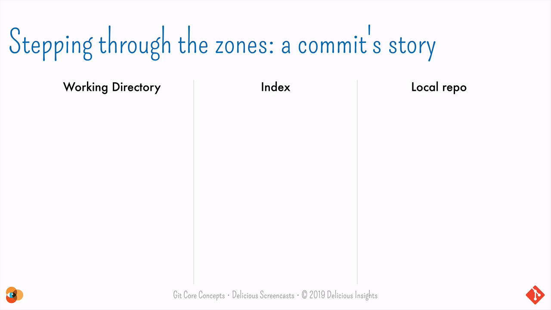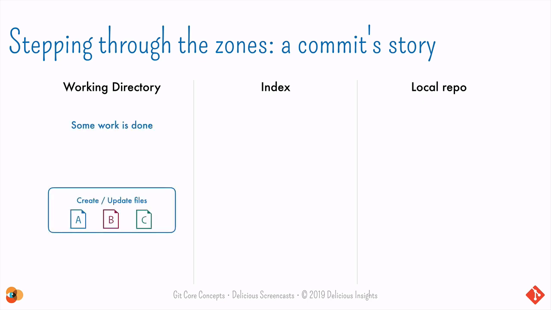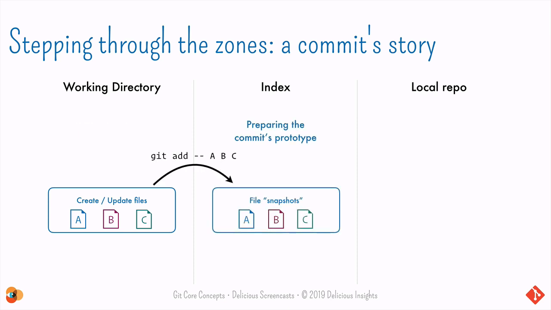A commit stores information about files that were created, updated, or removed. To prep a commit, we thus start in our working directory. For instance, here we create and update files A, B, and C. We originally intend to use all these in our commits, so we add them to the index, which prepares snapshots of them.